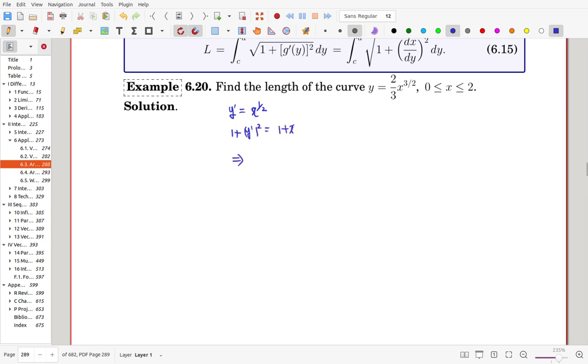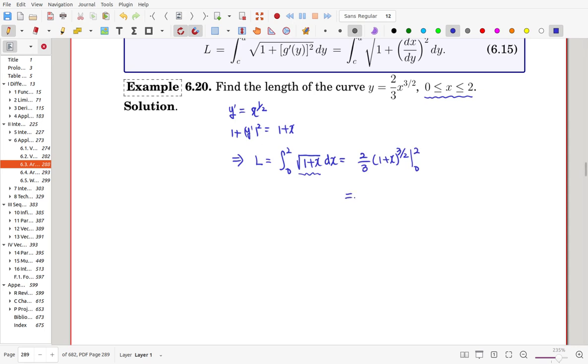So here the arc length is the integral with x from 0 to 2, right? Then the square root of 1 plus x dx. Now we have to find the antiderivative, that is 1 plus x to the power 3 over 2, and if we put 2 over 3 in front, that is the antiderivative, evaluated from 0 to 2.